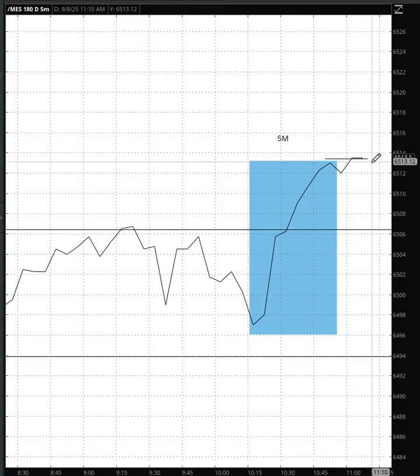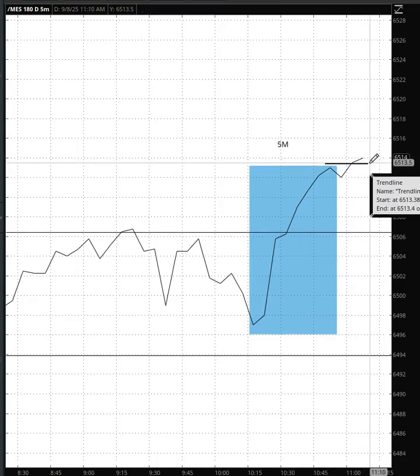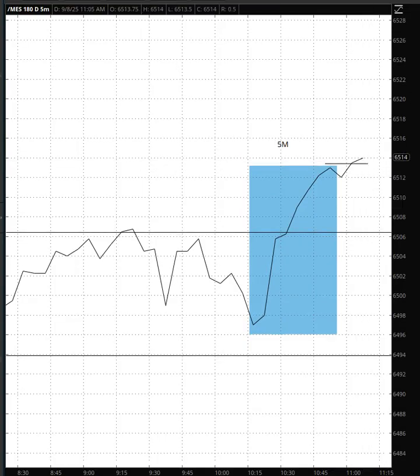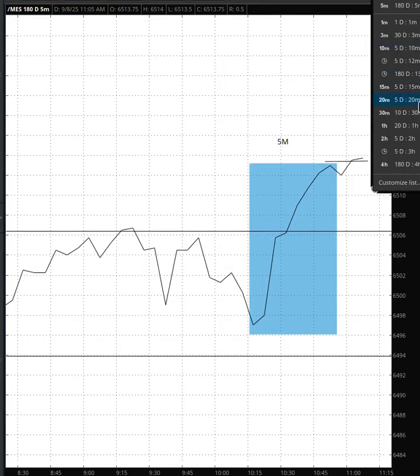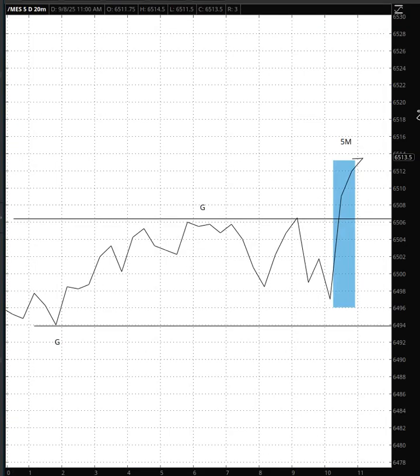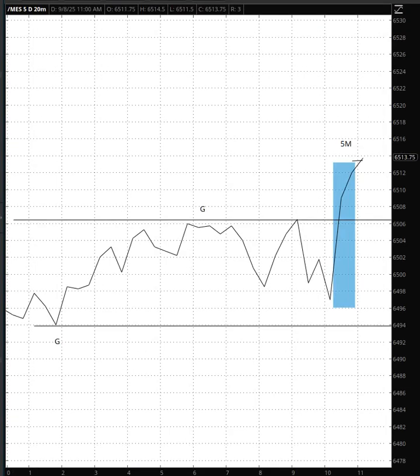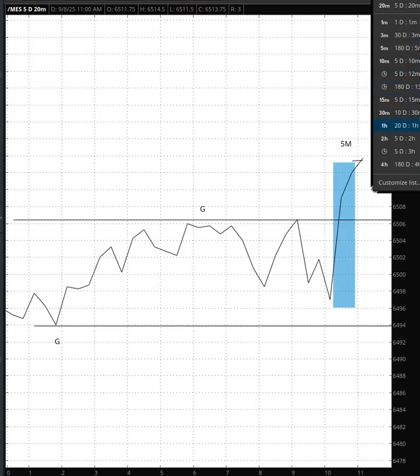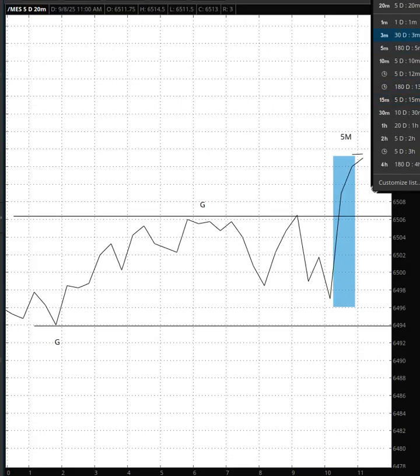Now, we might have a little throw over here, but during the day, we're going to have to look at the other fractals. Currently, right now, we have a slider in development. It's kind of pending.